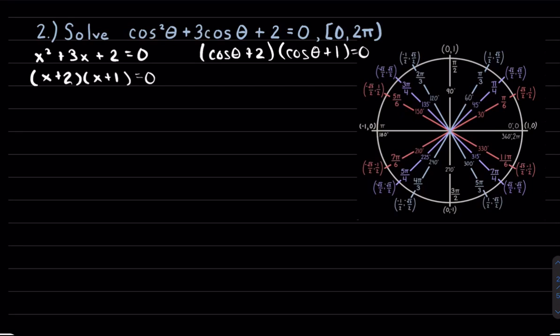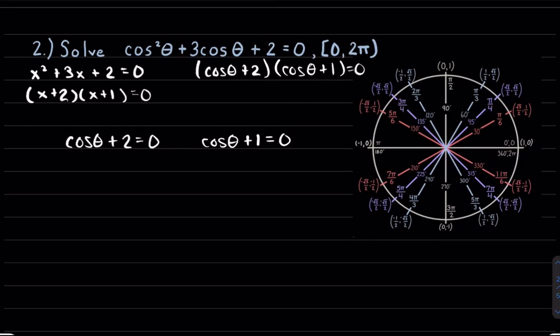So I can come down here and say that cosine theta plus 2 equals 0 and cosine theta plus 1 equals 0. If I solve for cosine, I have cosine theta equals negative 2, and cosine theta equals negative 1.